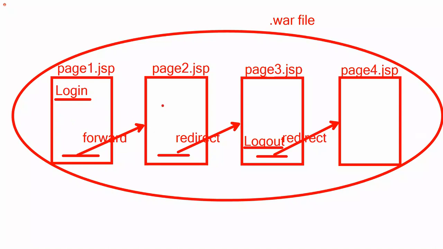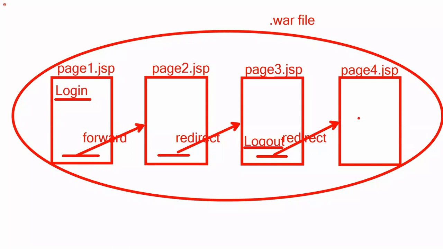So book2 can be accessed in page1.jsp and page2.jsp, 2 pages. Book3 scope is session scope. As long as the session is available, here login, here logout. Can I access in page3? Yes. Page1 also, page2 also, page3 also. Can we access in page4? No. Fourth book, application scope. Can I access in page4 also? Yes.